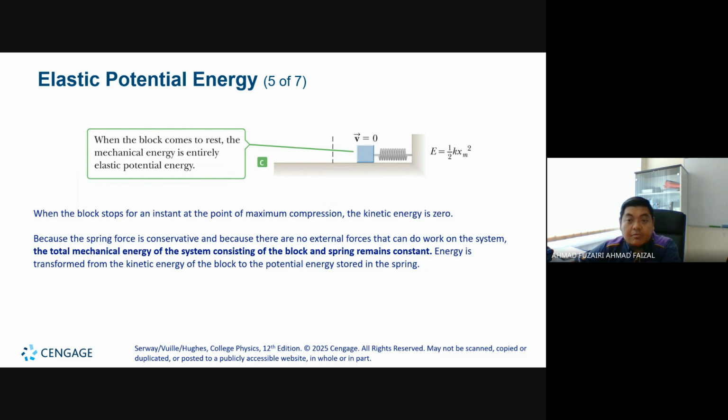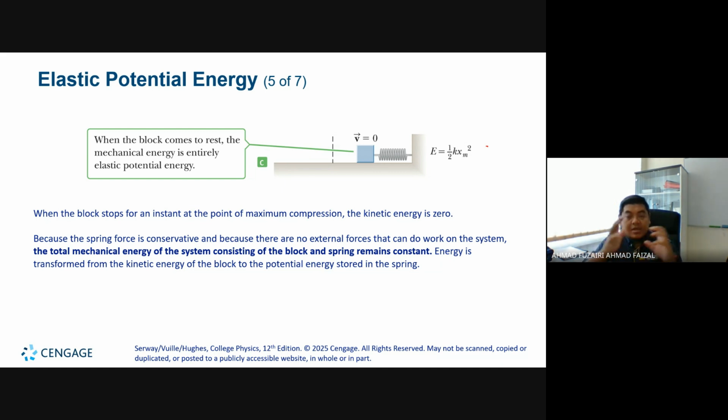When the block stops for an instant at the point of maximum compression, the kinetic energy is zero. As you know, the kinetic energy depends on the velocity. If v equals zero, then there is no half mv squared. Before the collision, the total energy was solely half mv squared.